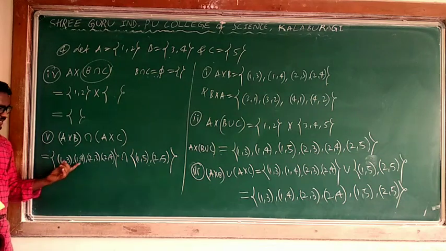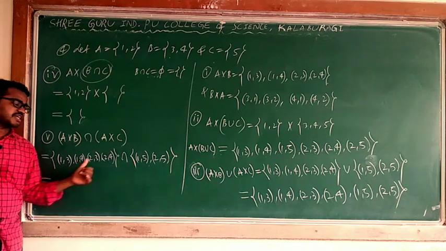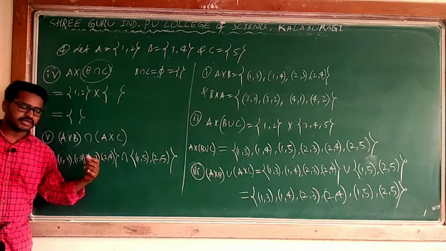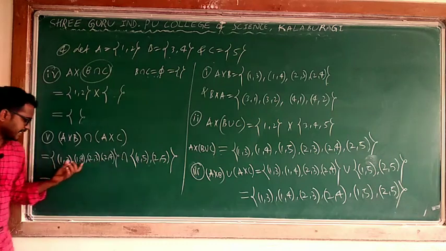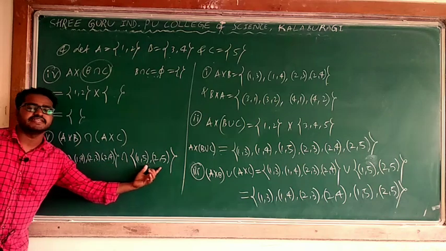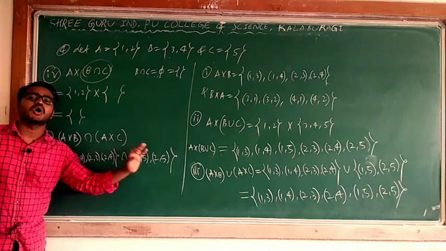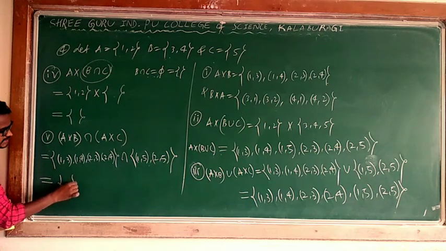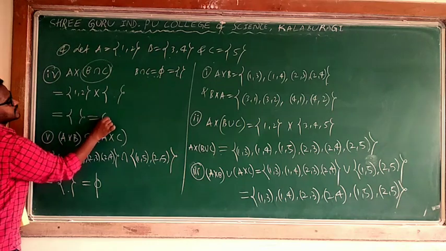When we say intersection, we should take the common elements. No ordered pair is like 1 comma 5 or 2 comma 5 in the first set. So these two sets have no common element, and it is equal to empty. Here also I can denote it this way.